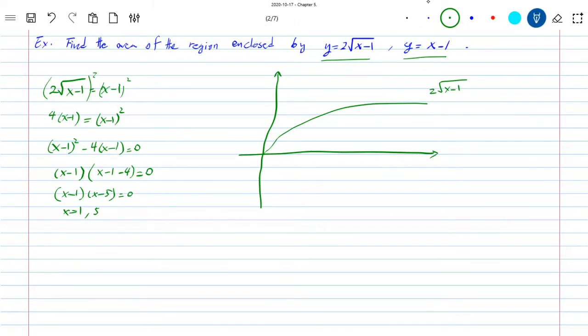Let me fix this. The square root is shifted to the right a bit, and starts at 1.